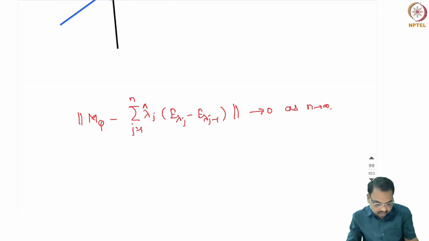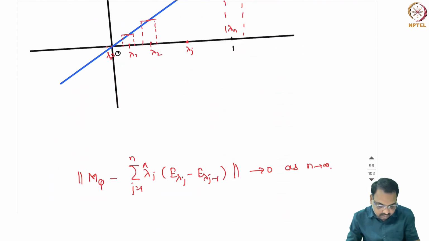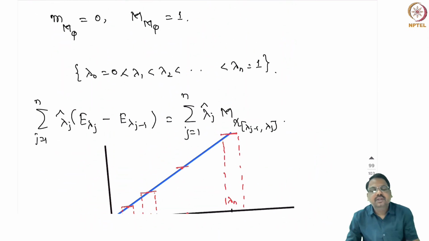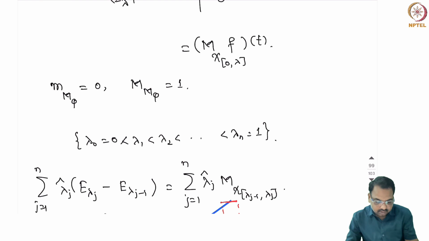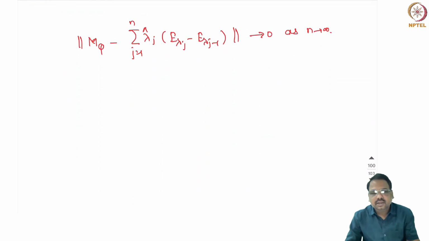Okay, so this is one important example for writing down the spectral representation of a self-adjoint operator. So we'll see some more important properties at a later stage. I'll stop here. Thank you very much.